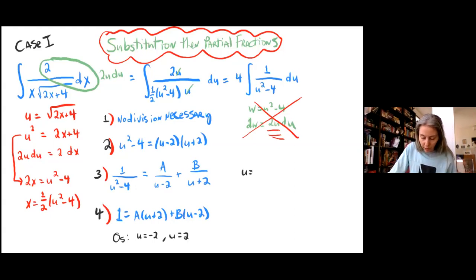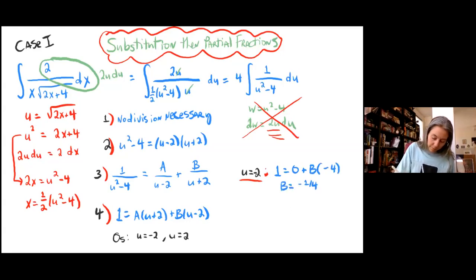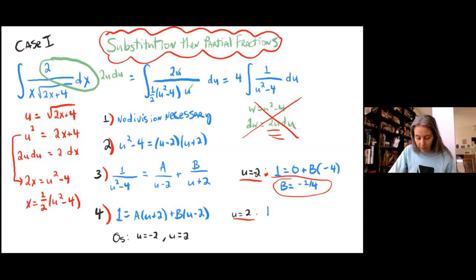So we'll plug those in. u equals -2 gives us 1 is equal to 0 plus B times -4, which means B is equal to -1/4. Then we plug in u equals 2, which gives us 1 is equal to A times 4 plus 0, and we get that A is equal to 1/4.